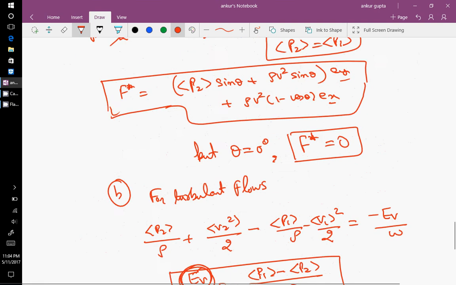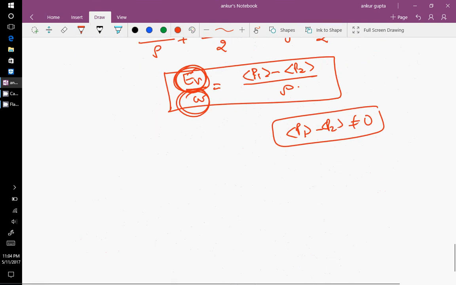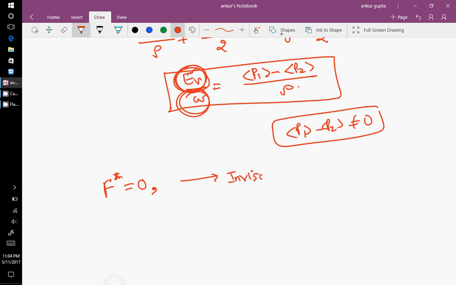Okay, so let me summarize this a little bit. If F star is equal to 0, that means that the flow is inviscid as well as symmetric in pressure profile. It was only the case of theta equal to 0 in the example we discussed.